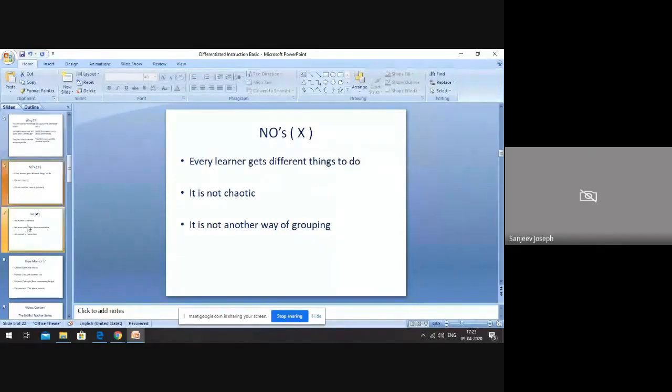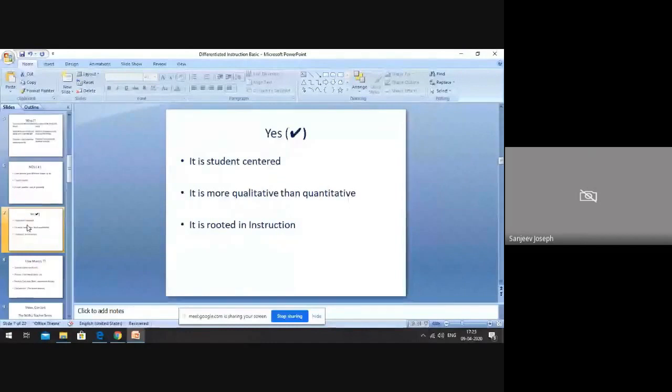Then what is yes? Differentiated instruction is student centered, and it is not only one student centered, it is the students who are sitting in the class, whether online or offline. Whoever the children are, we are accountable for all the children sitting in the class. And that is what differentiated instruction is about.